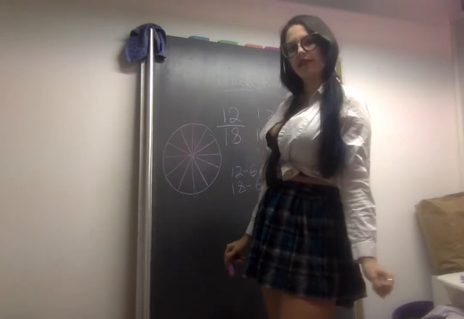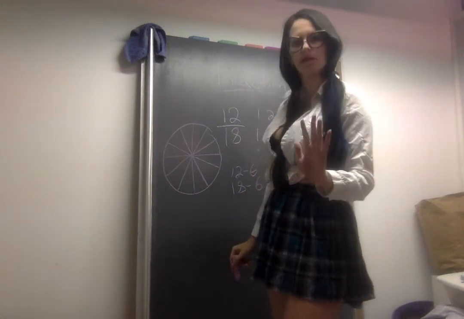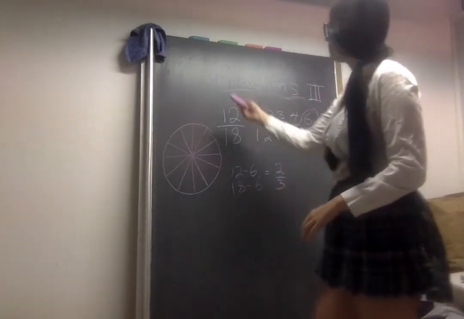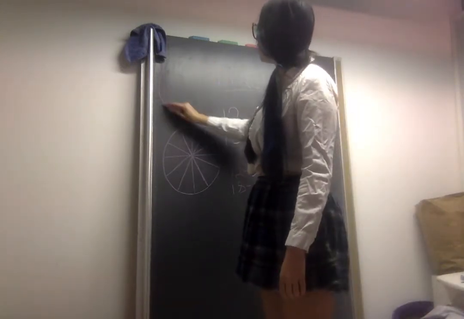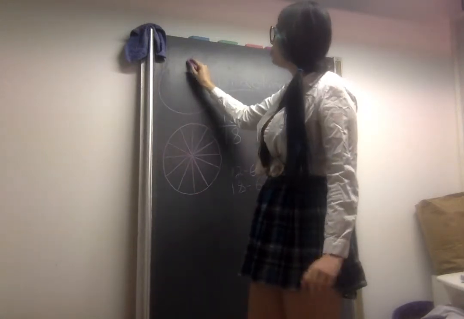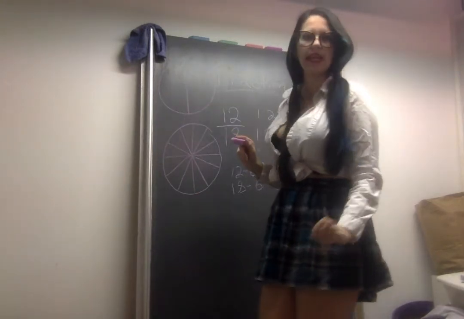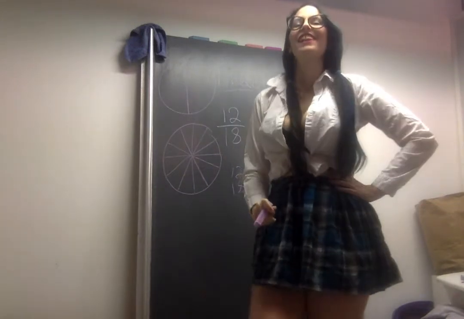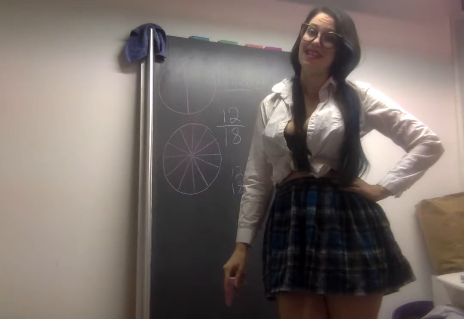I can do the same thing for 18. It's going to be a lot of slices, but I can do it. 18, not divisible by 4. Divisible by 2, though. So I'll start with that. I like these even numbers because I can draw straight lines. Alright, then that's 2 times 9.